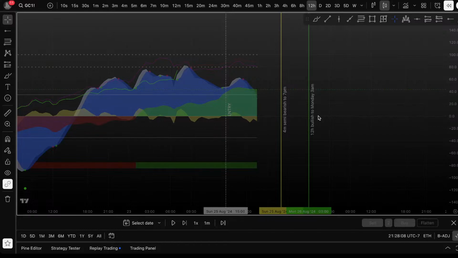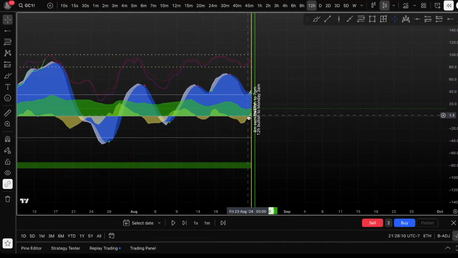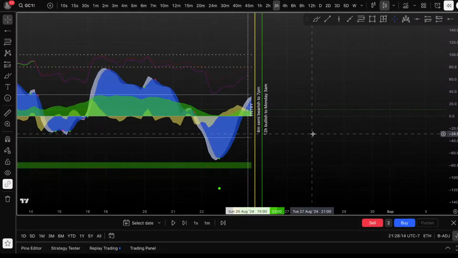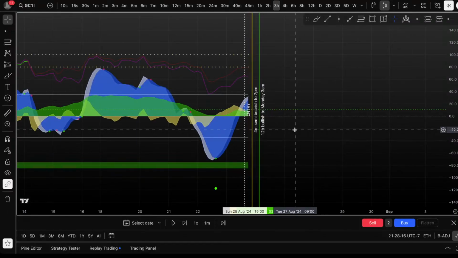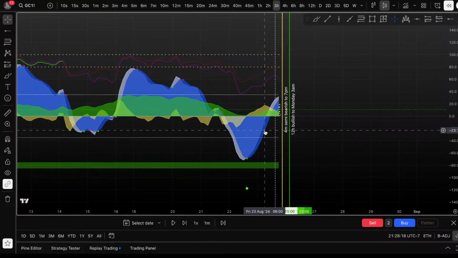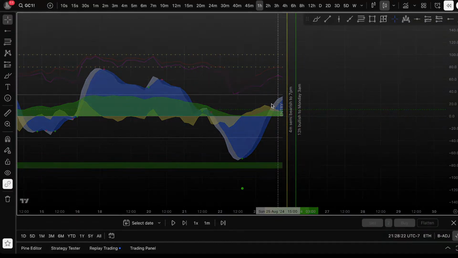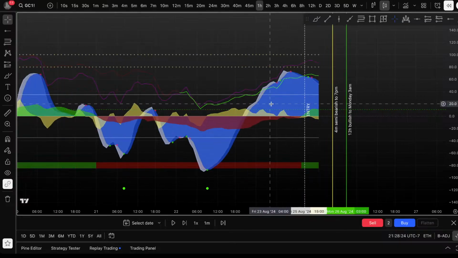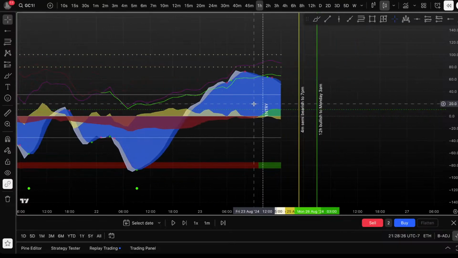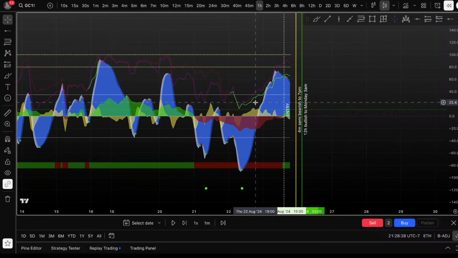And the 12 hour still got some bull in her. So that's fine. But I think we're going to fade this bullish trend for a hot second. And I'm all for it.